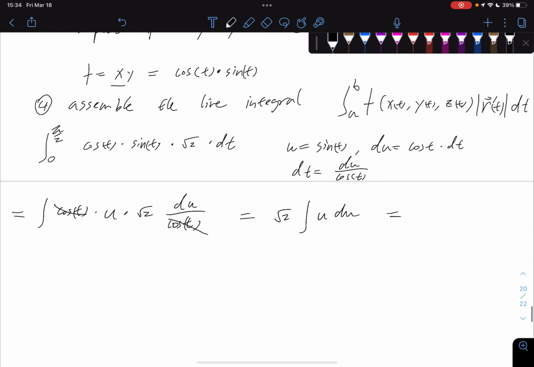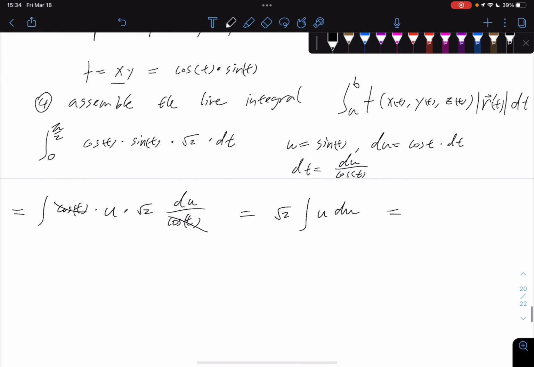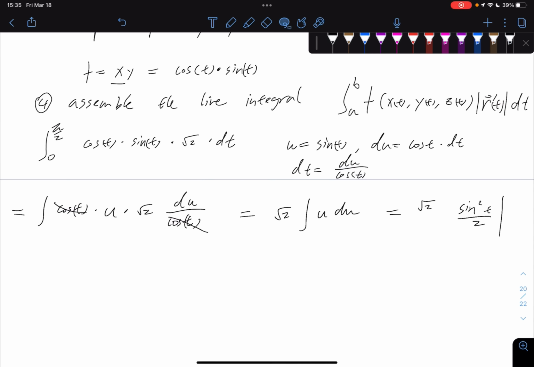That will give us root 2 times u squared over 2, and that is sine squared t over 2, with bounds 0 to pi over 2.